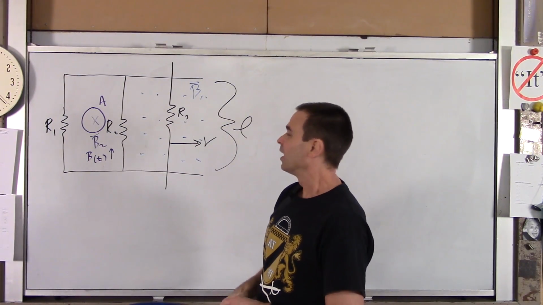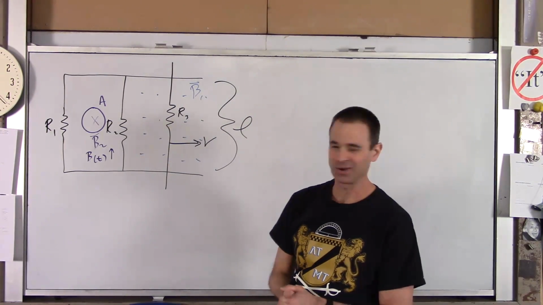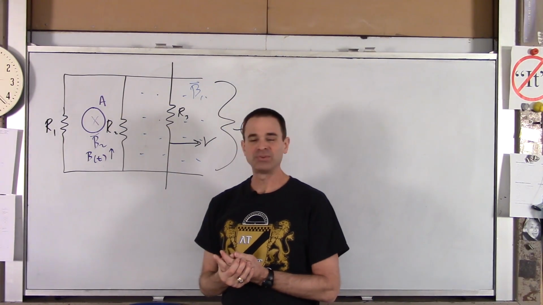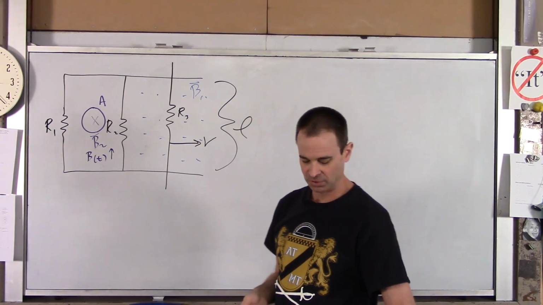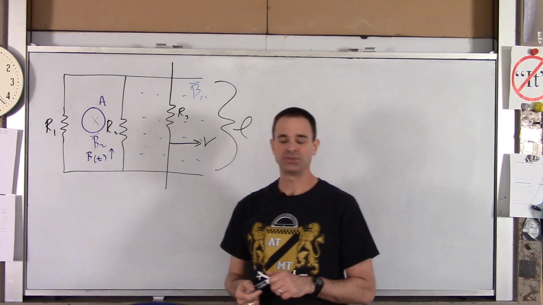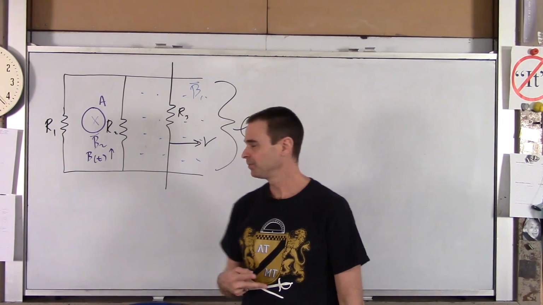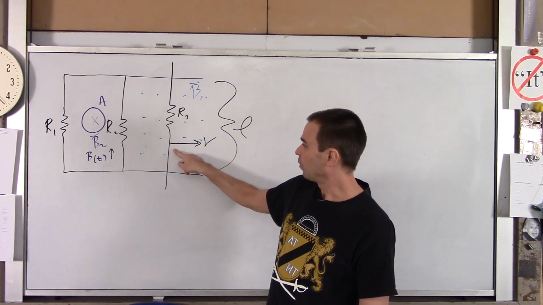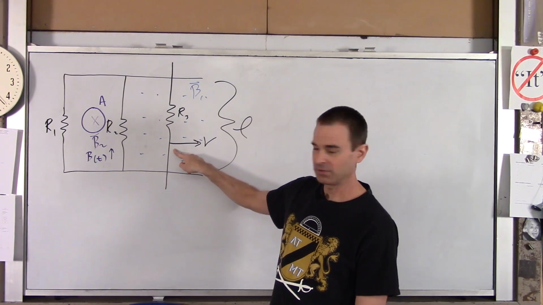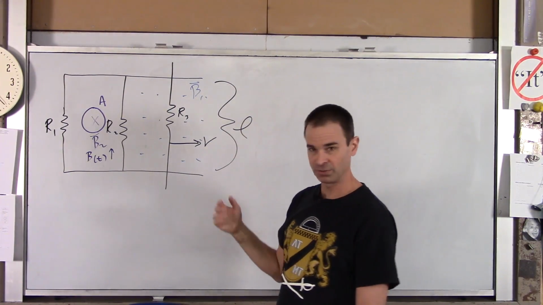Having said all that, now we're going to have some currents flowing in R1, R2, and R3. Our job is to find those currents. In order to find those currents, we first need to find the voltages created by two things. Because this is a wire, a conductor moving through a magnetic field, there's going to be an EMF, a voltage generated, a motional EMF.